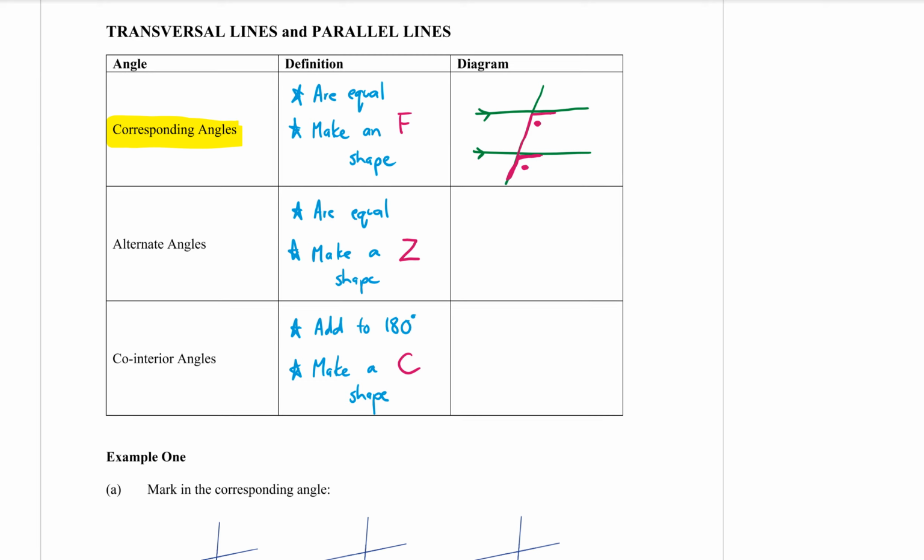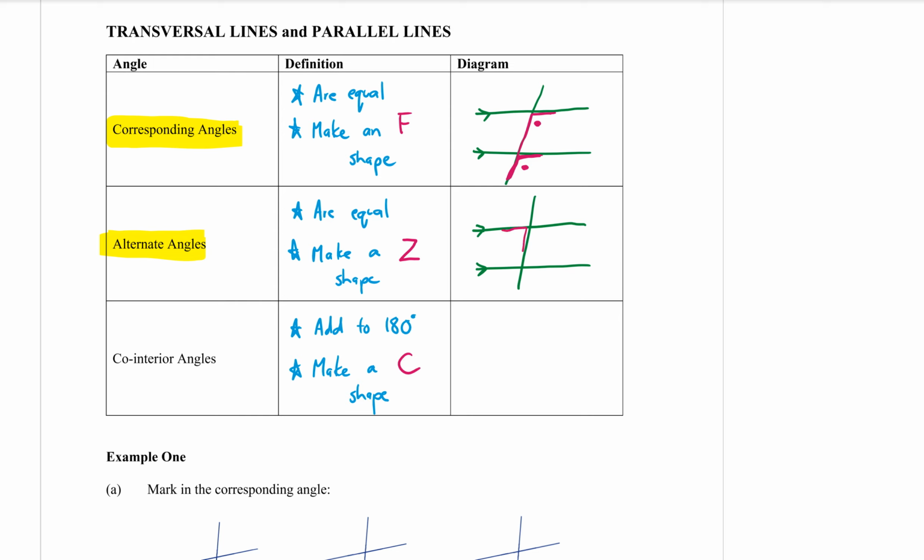The second rule that we're going to learn about is alternate angles. These angles are also equal and they make a Z shape on your parallel lines. So let's draw another set of parallel lines over here, cutting it with a transversal. And this time I'm going to talk about this angle here.